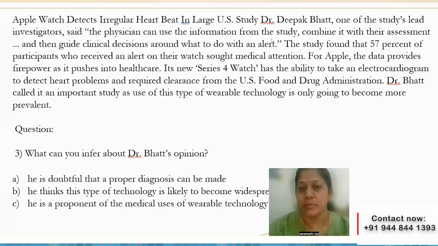But Dr. Bhatt called it an important study as use of this type of wearable technology is only going to become more prevalent. Okay, he is giving that opinion. Whatever is happening with this irregular heartbeat, everything is fine.